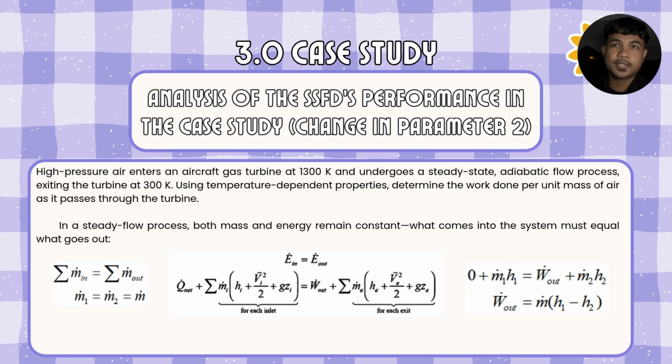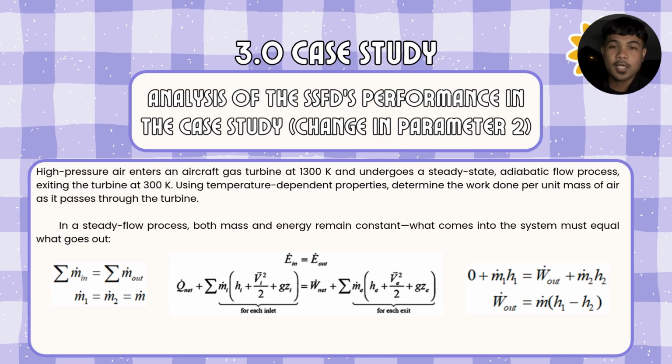The foundational principle for solving this is the conservation of mass and energy for steady flow processes, while the general steady flow energy equation is comprehensive. For this specific adiabatic turbine, it simplifies significantly, neglecting change in kinetic and potential energy, and with no heat transfer, the work output per unit mass is simply the difference in enthalpy between the inlet and outlet states.